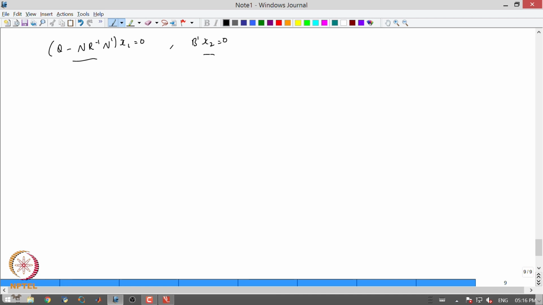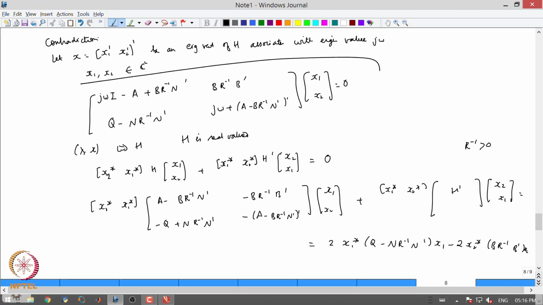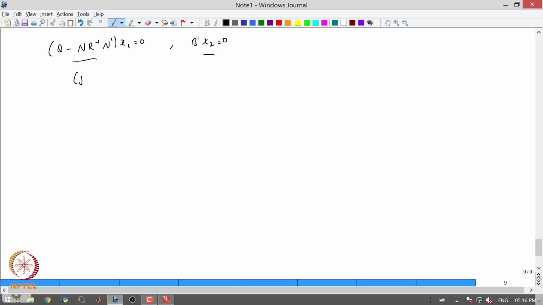Okay. Now, this expression combined with this gives me a couple of additional conditions, which are that (j omega I minus A plus B R inverse n transpose) x1 equal to 0. Not only that, in addition I have (j omega plus A prime) x2 equal to 0.